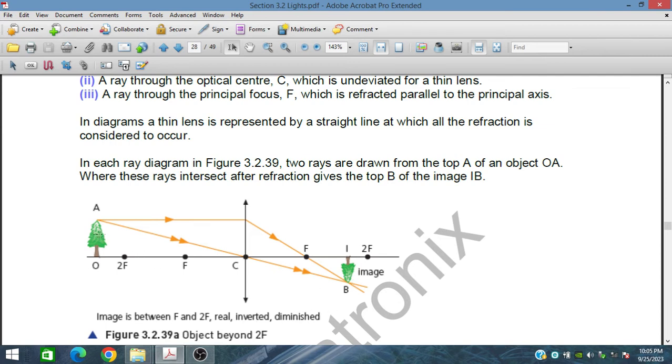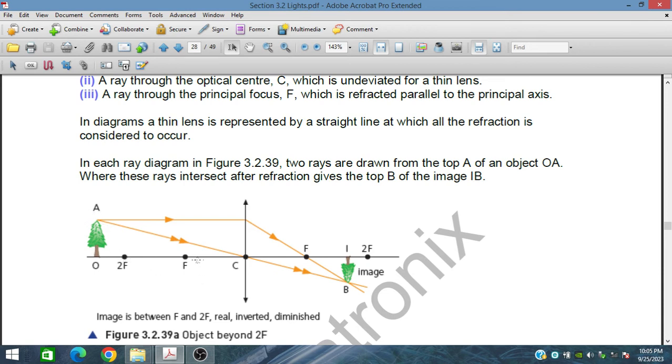This one is larger and this is a smaller image. It is inverted. This is a real image since it is available on the screen. So the image is between f and 2f.